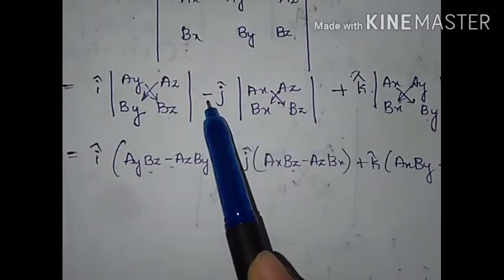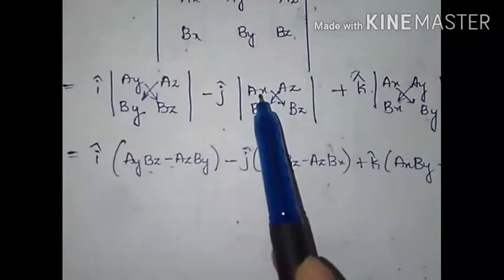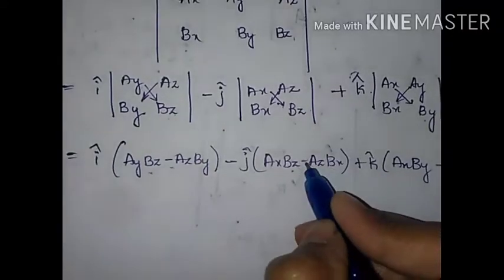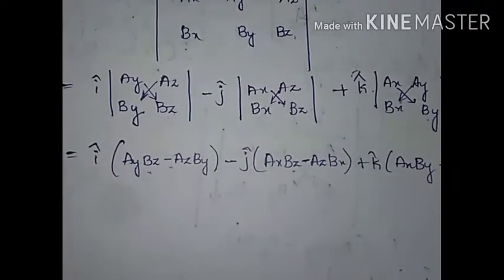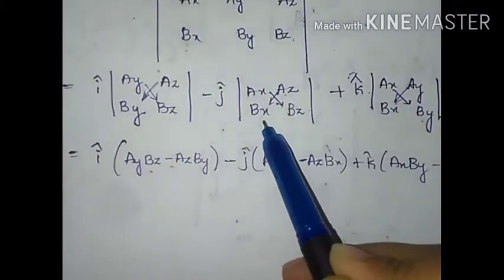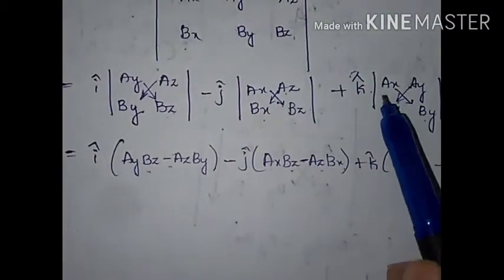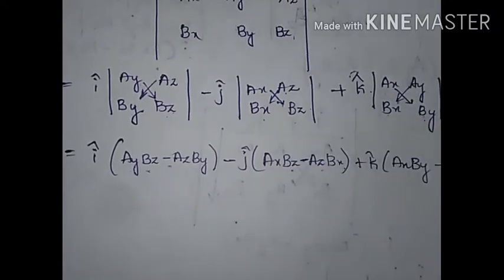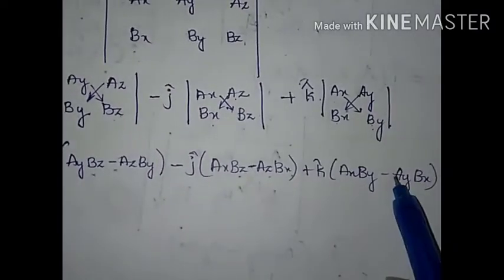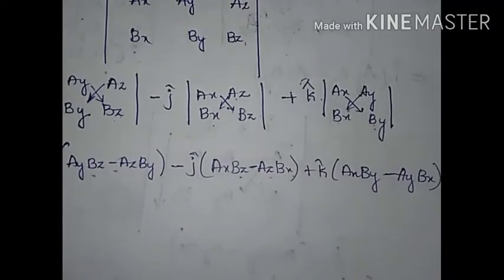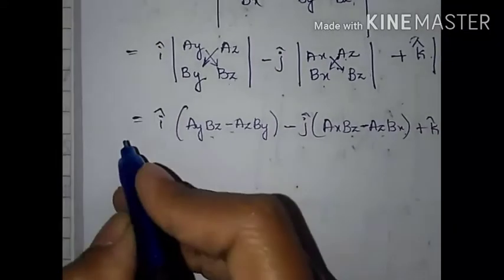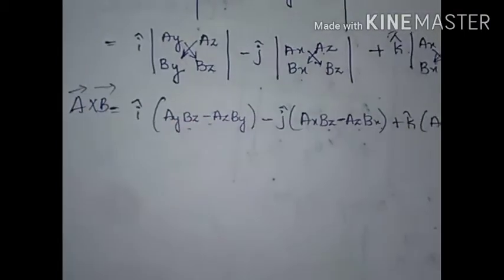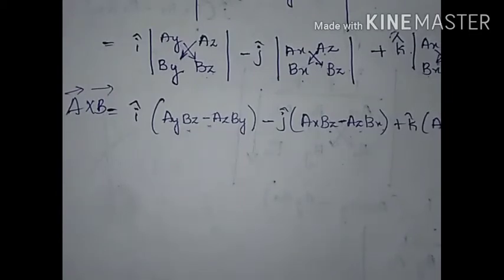Clear? Then for j, it is the same pattern: Ax Bz minus, the second term always takes negative, Az Bx. Next for k, you take Ax By and minus Ay Bx. So this is how we find A cross B.